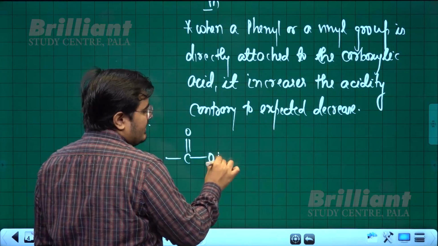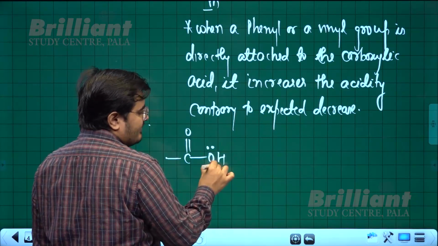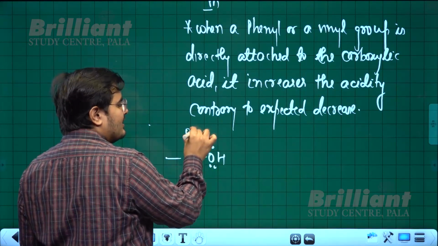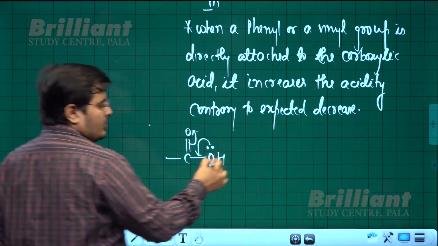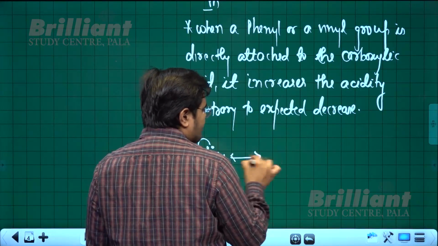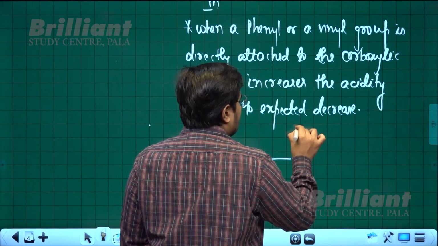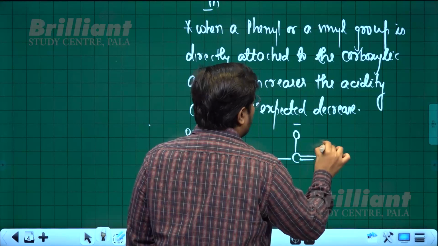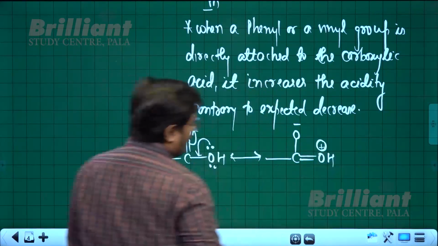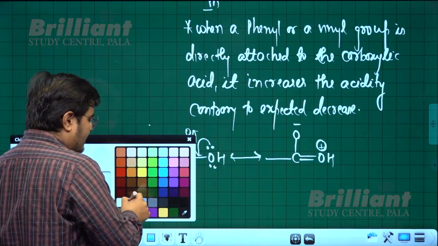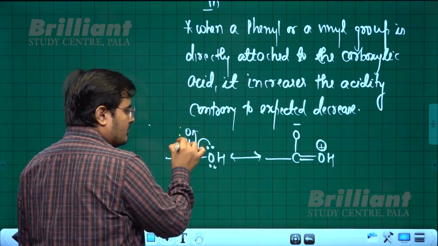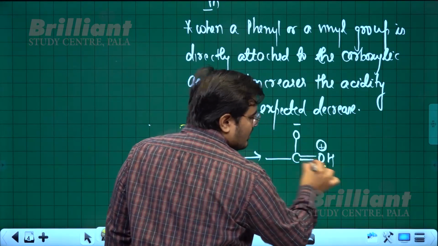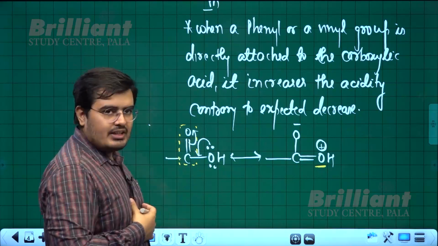So what happens is, if I write the structure of carboxylic acid, then I know the electron pairs of this oxygen are pulled by this C double bond O, due to which if I write the resonating structure, I can say it will become C-O minus double bond O positive H. Due to this electron pulling by carbonyl group, I can say electron deficiency increases on this oxygen as it gets a positive charge.